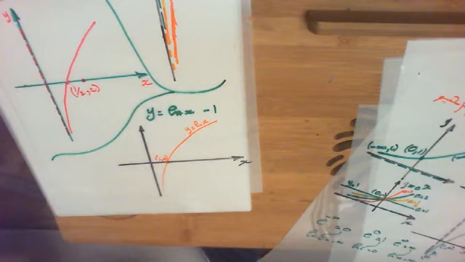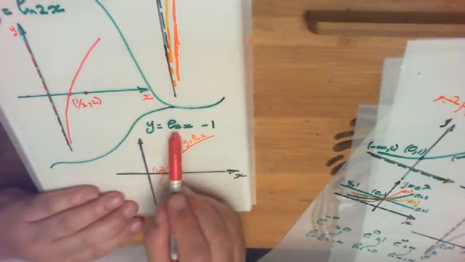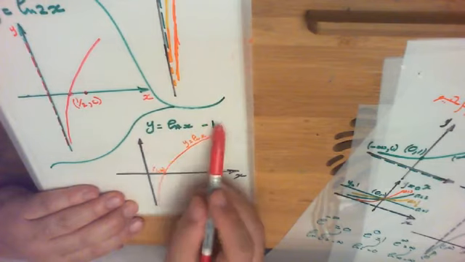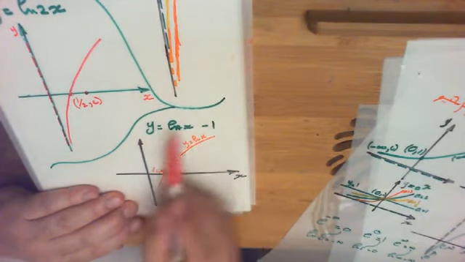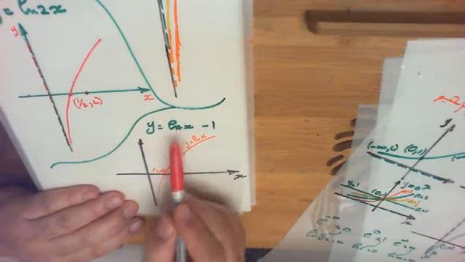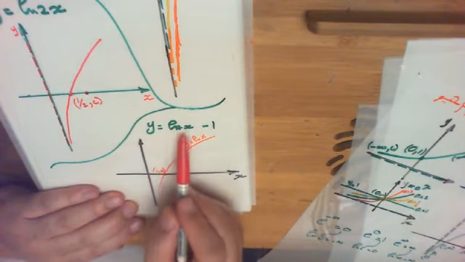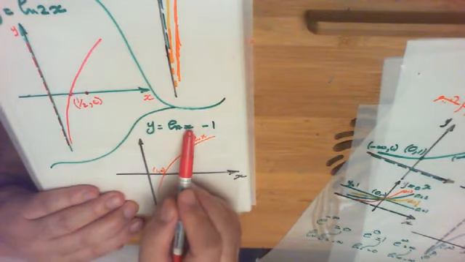Okay, now, as you know, the y equals 0 if this value is 0. So when ln x is 1, minus 1 is 0. So when ln x is 1, when x is e.